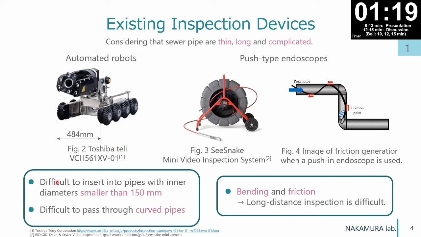Automated robots have difficulty inserting into small diameter pipes and passing through bending pipes due to their high rigidity. In addition, as shown in figure 4, the push-type endoscope causes friction in the bending pipe, which increases the force required to push in. So it cannot conduct long-distance inspection.